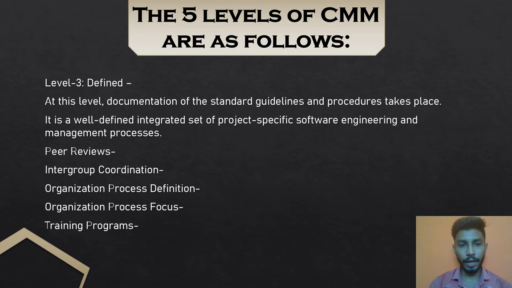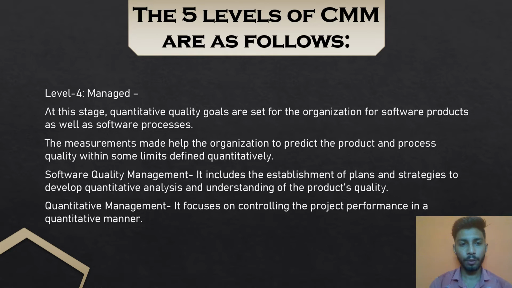Level 3 is Defined. At this level, documentation of the standard guidelines and procedures takes place. It is a well-defined, integrated set of project-specific software engineering and management processes. Level 4 is Managed. At this stage, quantitative quality goals are set for the organization or software product as well as software processes.